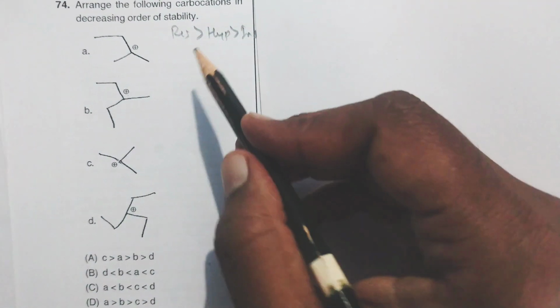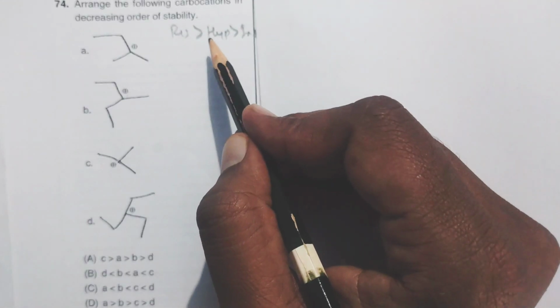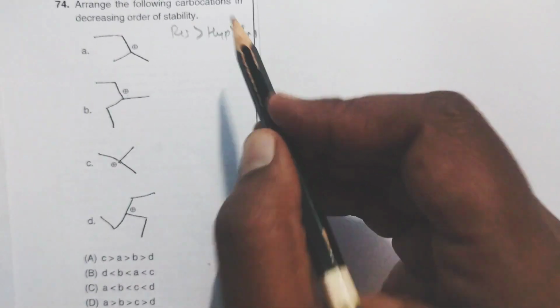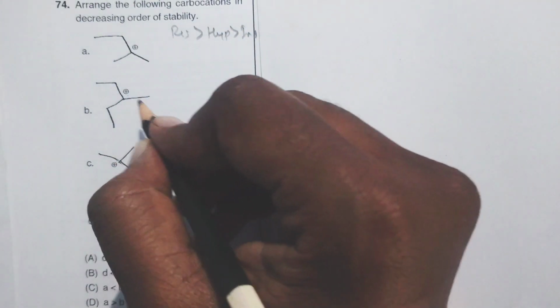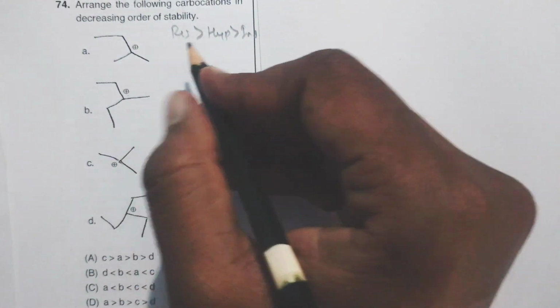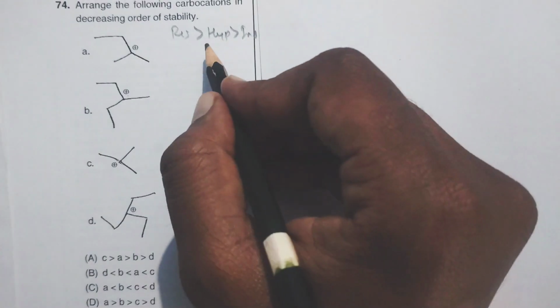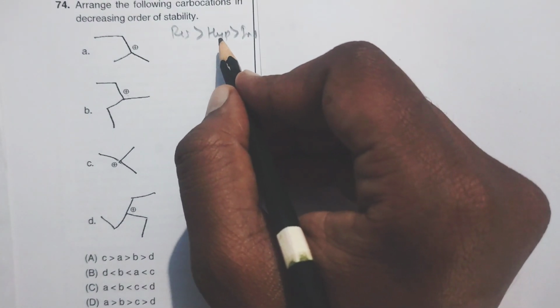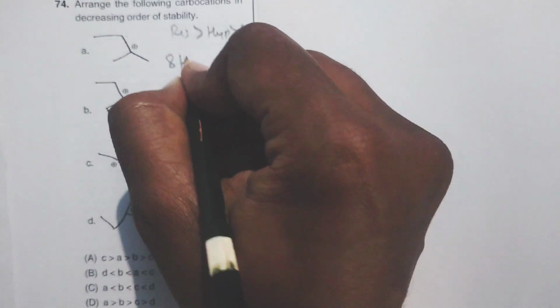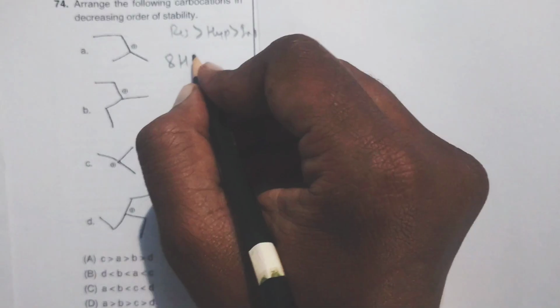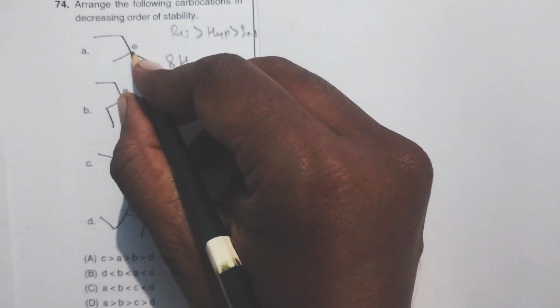In all these compounds there is no resonance, hence we have to concentrate only on hyperconjugation and inductive effect. All the molecules have carbons attached to the carbocation, hence the inductive effect is also the same. We just have to concentrate on the hyperconjugation effect. Here there are CH3, CH3, CH2. Hence 8 hydrogens are there. Hence 8 hyperconjugation structures will form for this compound.